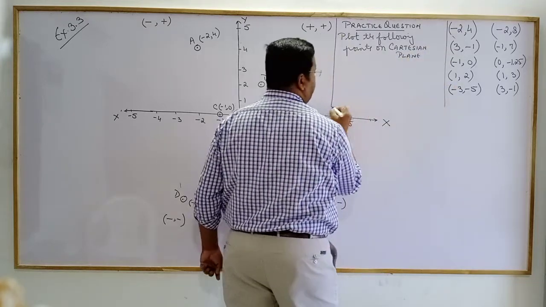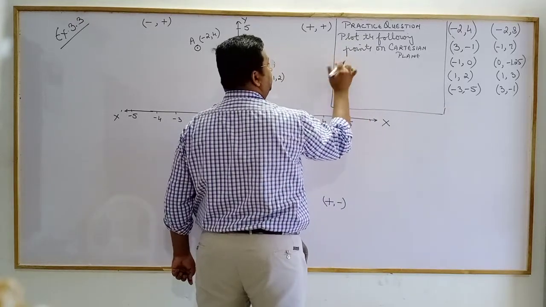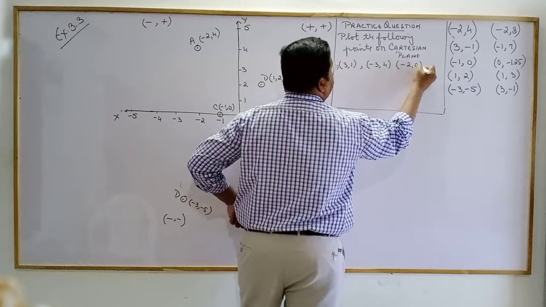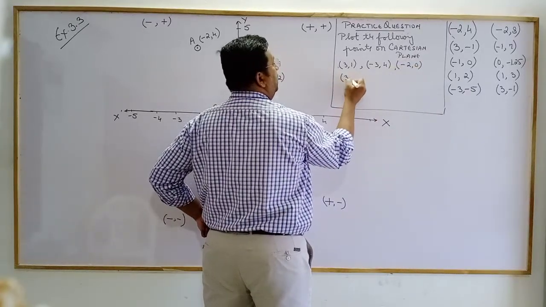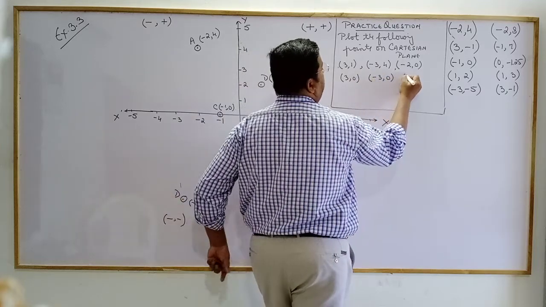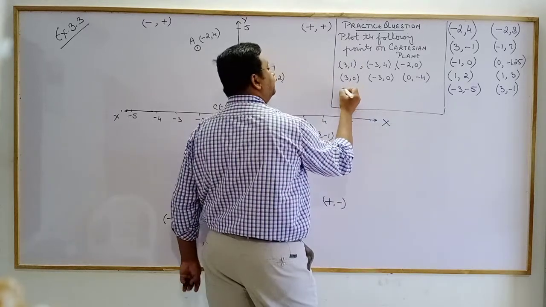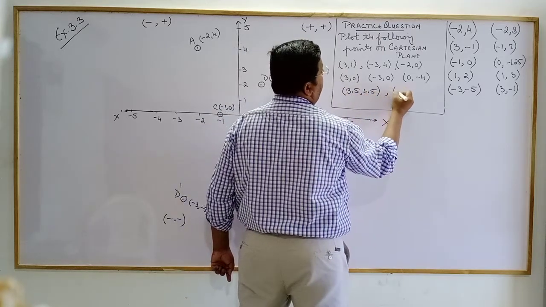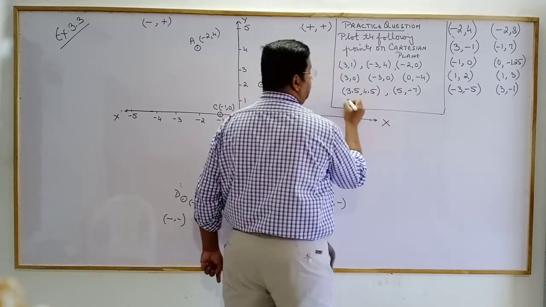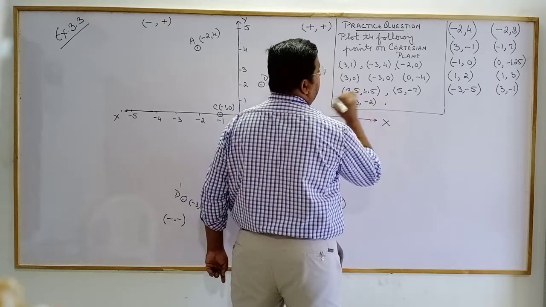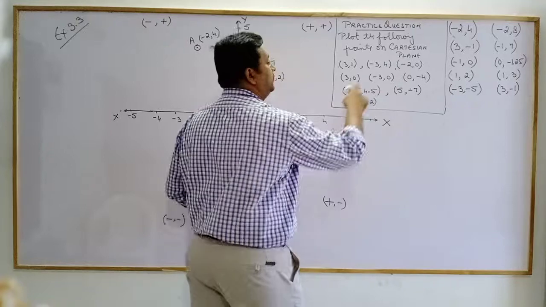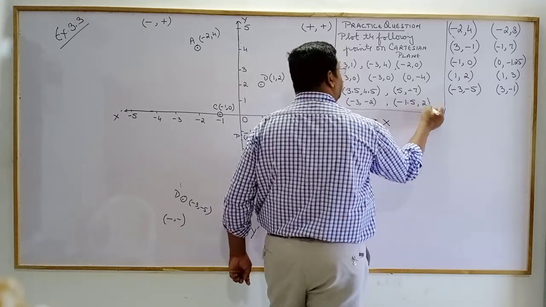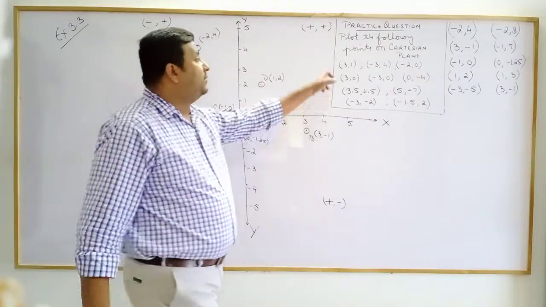You can name the points as you like, A, B, C, D. The points are 3, 1; minus 3, 4; minus 2, 0; 3, 0; minus 3, 0; 0, minus 4; 3.5, 4.5; 5, minus 7; minus 3, minus 2; and minus 1.5, 2. These are the 10 points you can locate. You can name them A, B, C, D, whatever.